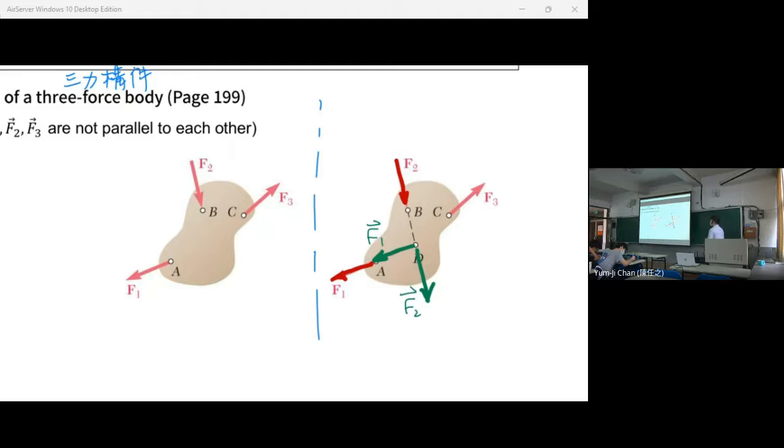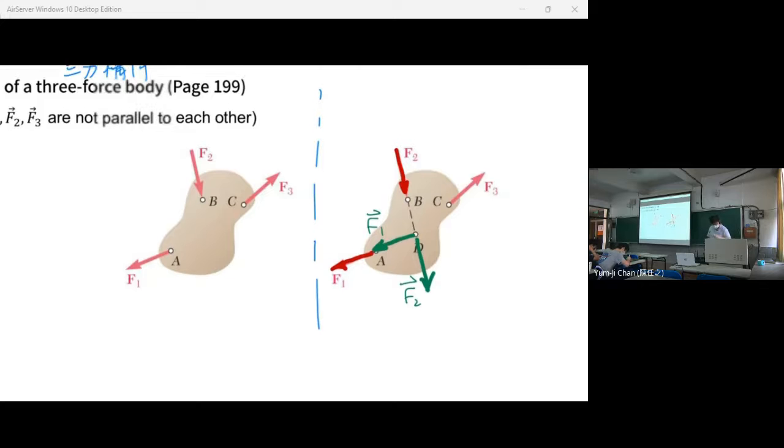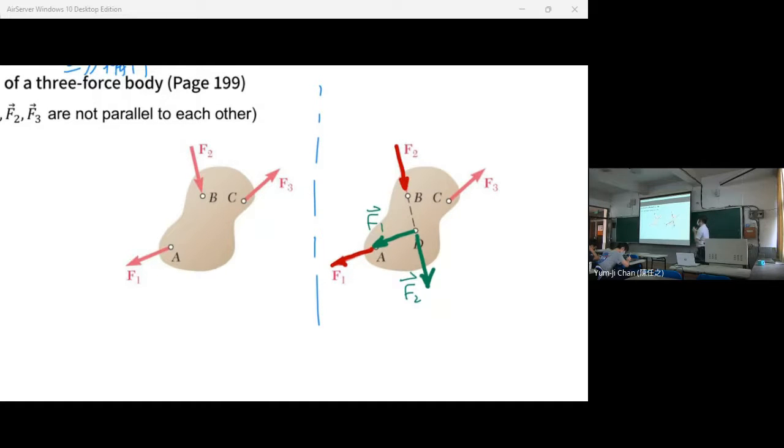Is that okay? So what do we have after we move this to here and this to here? F1 and F2 act on D and F3 acts on C.